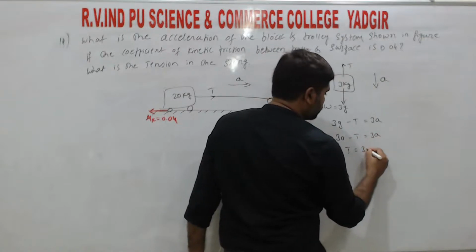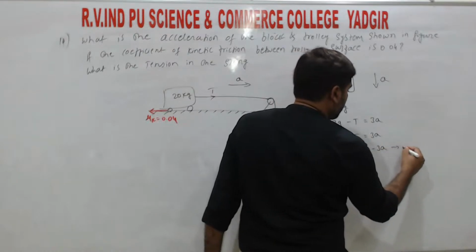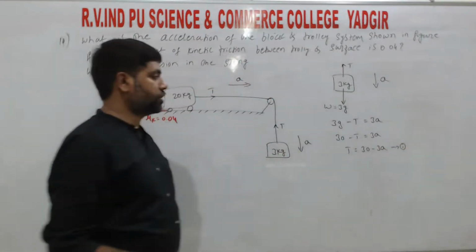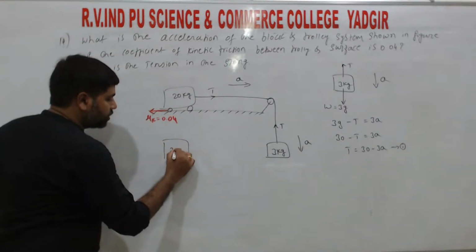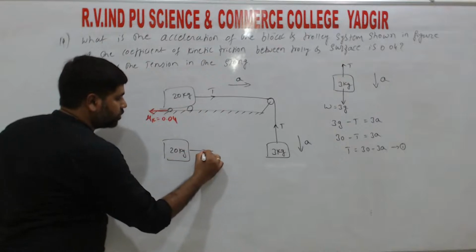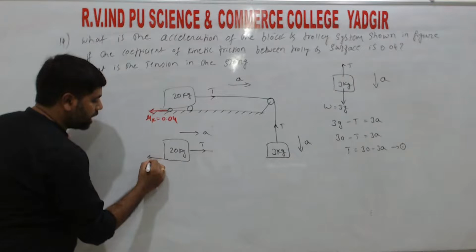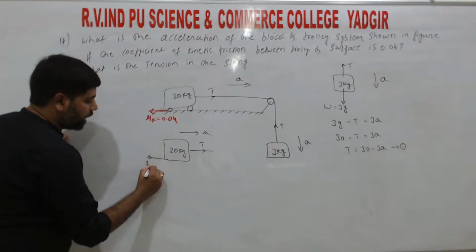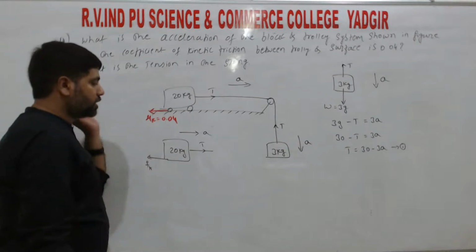So T is equal to 30 minus 3a, calling this the first equation, right? So if we apply the free body diagram in this case for the 20 kg, in this direction is the tension and the acceleration is in this direction, and Fk, the force of friction, is acting in the opposite direction, right?